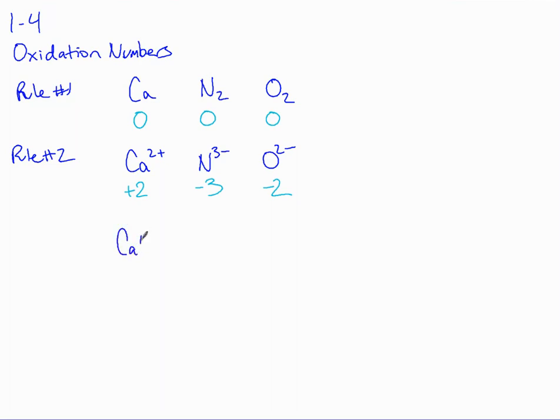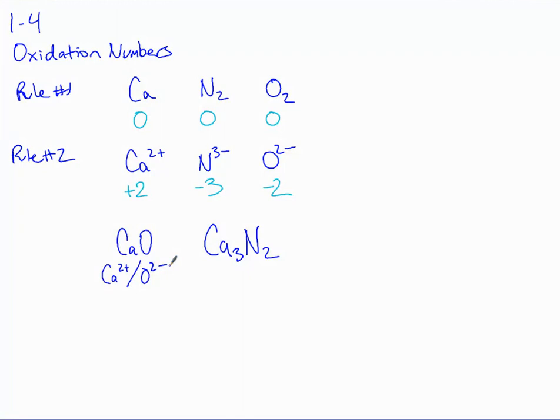So we have calcium oxide, we have calcium nitride. So break up ions into their components. So what we really have here is a calcium 2+ along with an oxygen 2-.